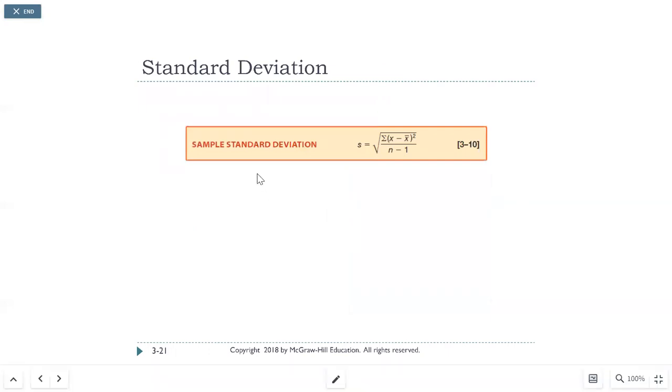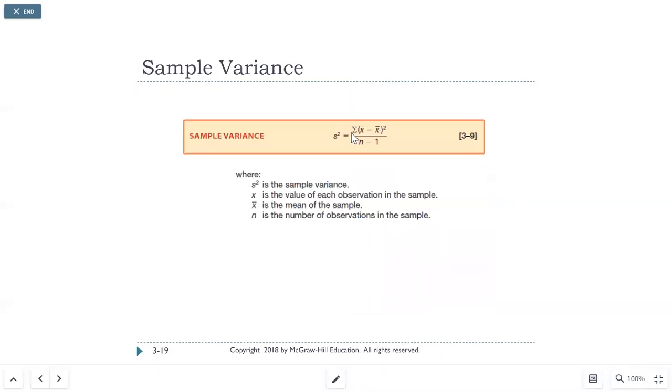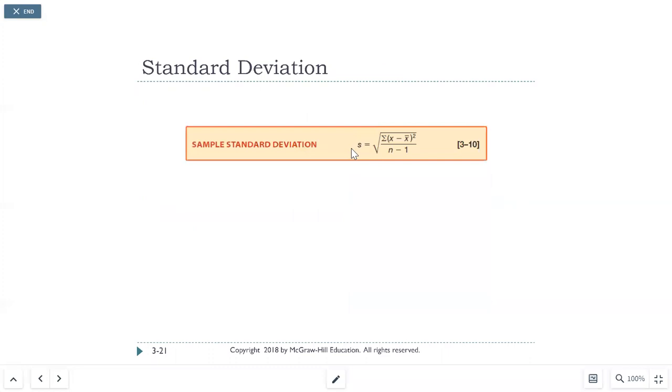Okay. So standard deviation. This is sample standard deviation. If you notice, this is sigma squared, and this is the formula for it, or sorry, S squared. And if we go to the standard deviation, it's the same exact formula. It just has this giant square root over it. Because we have S squared, if we just take the square root of both sides, this just becomes S, and this becomes the square root of that whole thing.